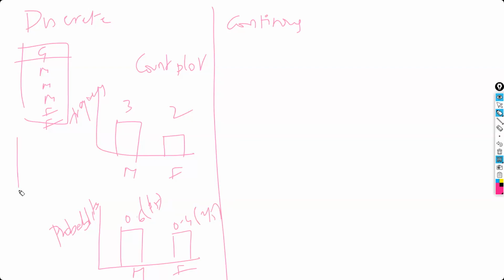And if you have to show it as a table, what table do you have to consider? Category, frequency and probability. Category is male, frequency is 3, probability is 3/5. Category is female, count is 2, probability is 2/5.